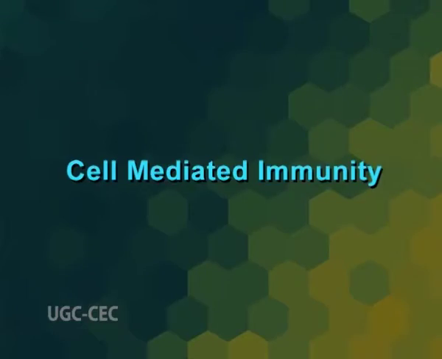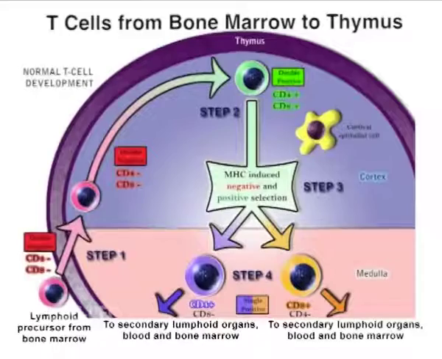Cell mediated immunity. As the name suggests, this immunity works through cells. All the subsets of T cells are involved in cell mediated immunity. T cells originate from bone marrow but undergo primary maturation in thymus. Therefore, they are known as T cells.